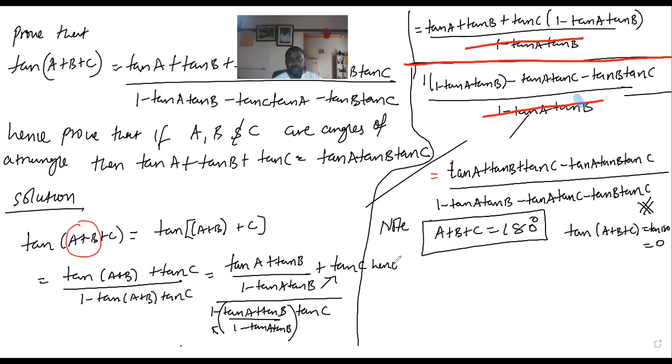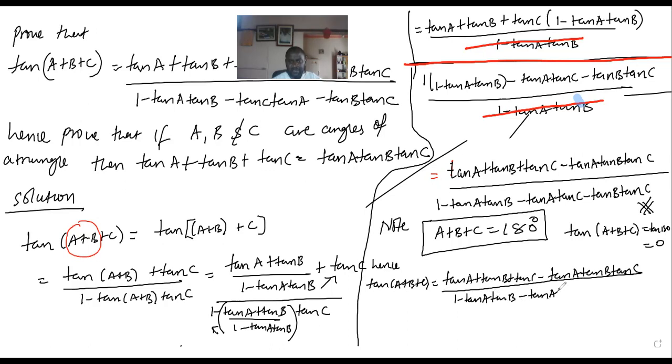Hence, if tan of A plus B plus C is 0, then remember we have seen tan of A plus B plus C is equal to tan A plus tan B plus tan C minus tan A, tan B, tan C, all over 1 minus tan A tan B, minus tan A tan C, minus tan B tan C. We are saying this is equal to 0.